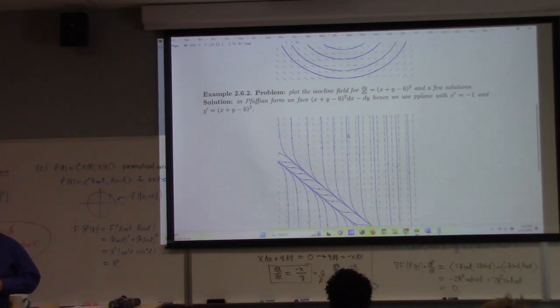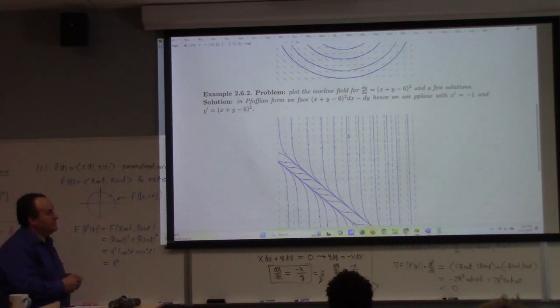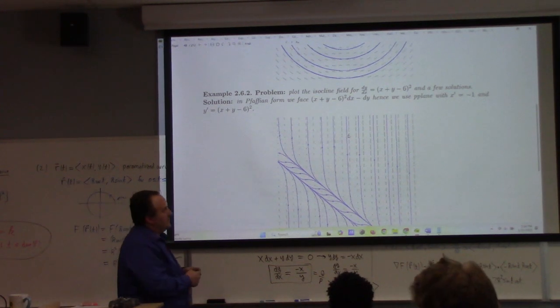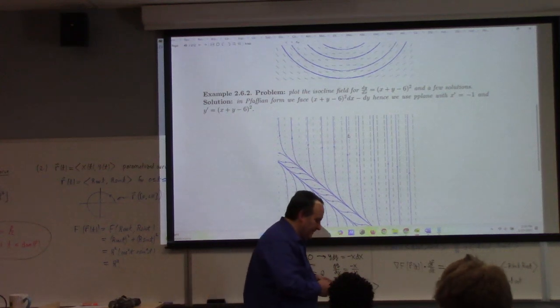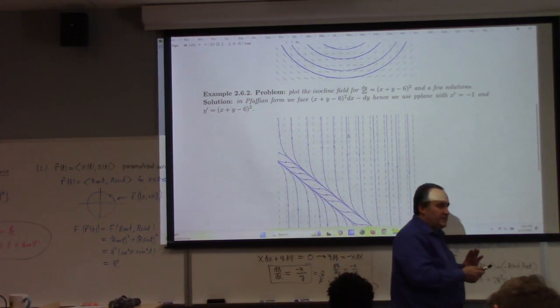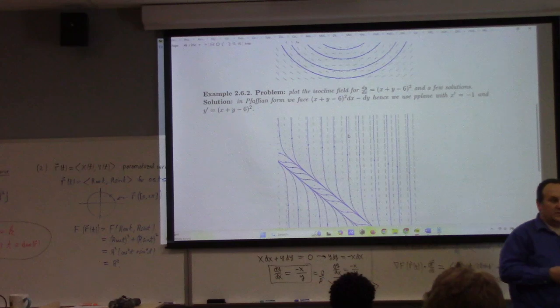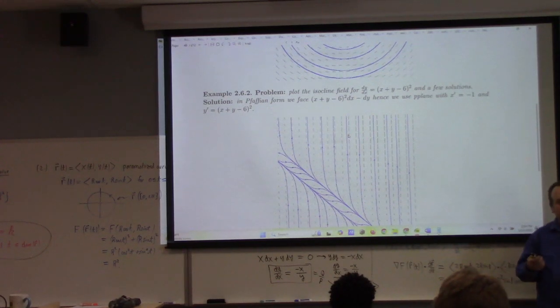Here's another one. Here we've got dy dx equal to (x plus y minus 6) squared. So let's talk about the geometry of what's going on here. Your solutions would have slope 0 where?